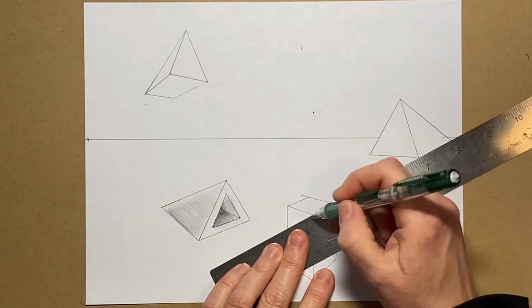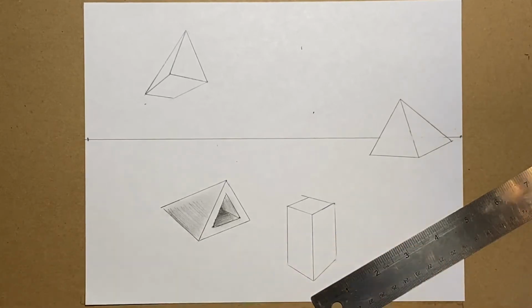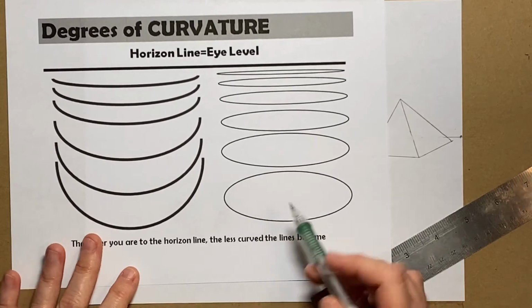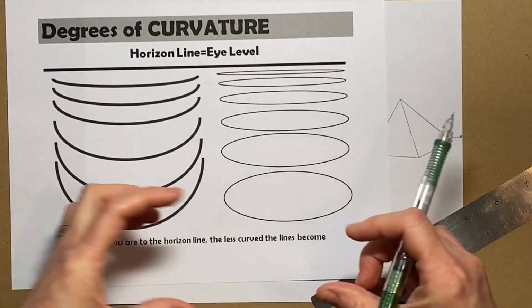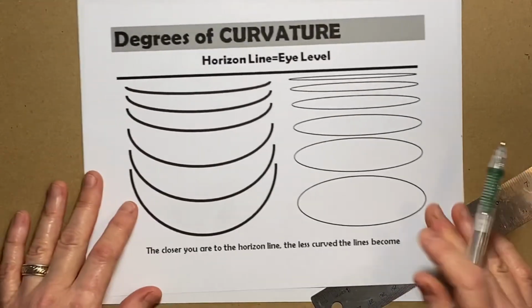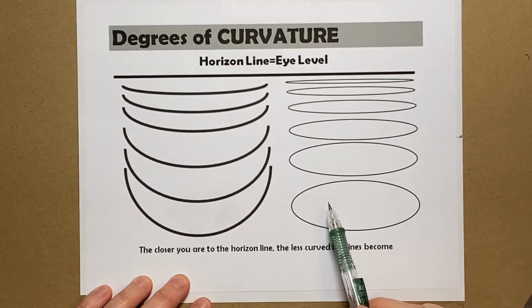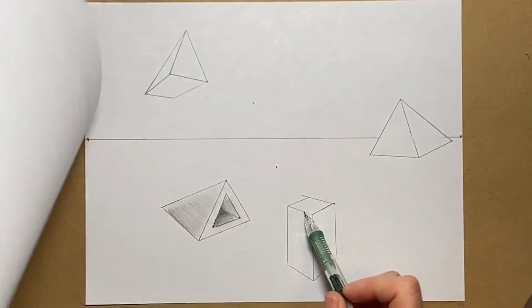Okay, now what you have to do is another step. In order to figure out the size of the oval, or the narrowness, the thinness of the ellipse that is going to go on top, is why we are actually doing this.